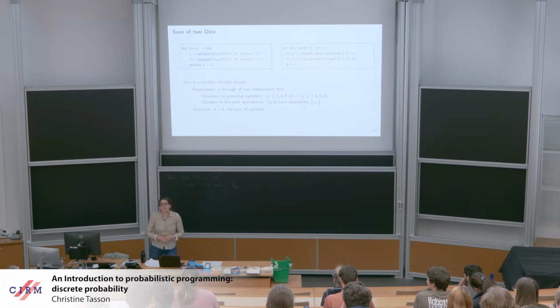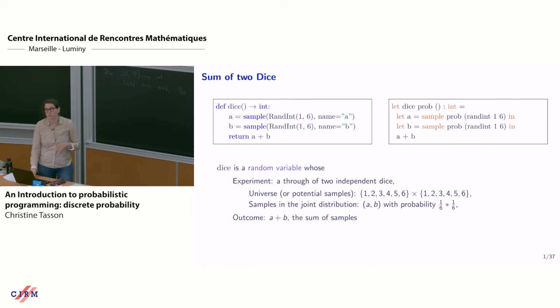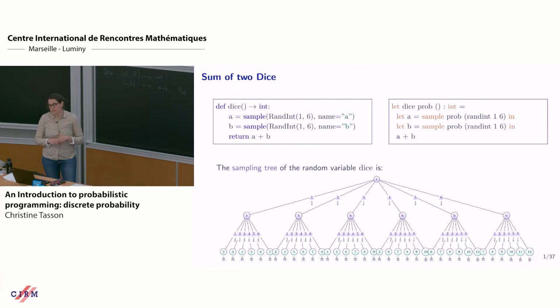I am not interested in simulating this random variable. I am interested in its law, its probability distribution, and to describe it, I can use an enumeration tree. This is the sampling tree. First you sample A, and you get the value 1, for instance, with probability 1/6, then 2, 3, etc. Then you sample B, and you get another sample with probability 1/6.